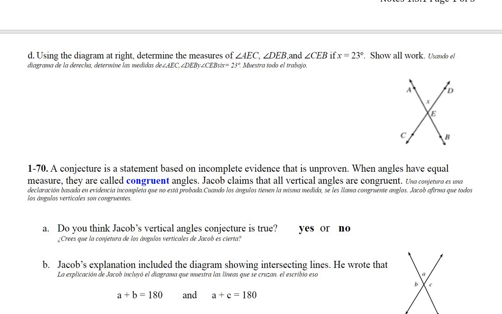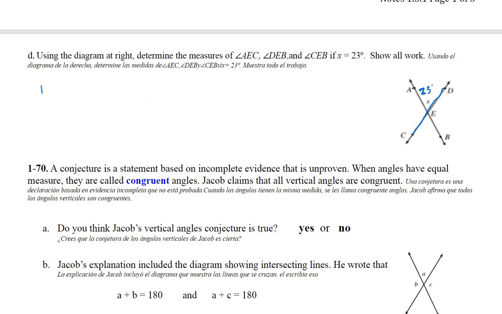Okay. Moving on. Part D. Using the diagram, determine the measure of angle AEC, DEB, and CEB if X is 23 degrees. Okay, first I'll do, how about AEC? Okay, so I see that this is on a straight line. And I know that straight line angles add to 180 degrees.